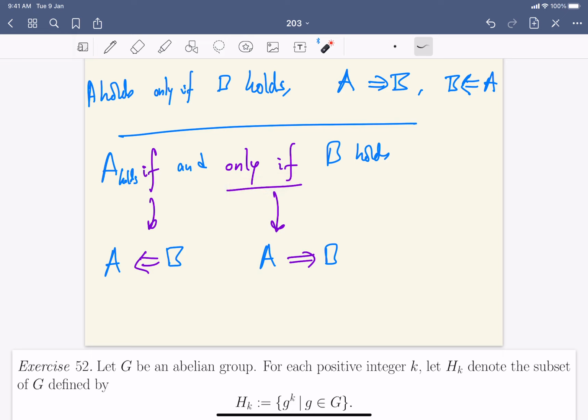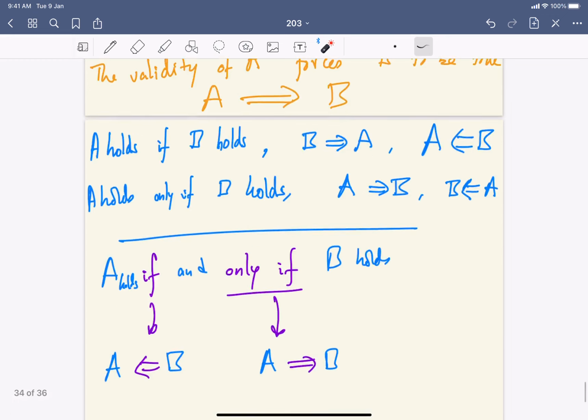If you want to use mathematical symbols to simplify keeping the meaning in mind, you can remember that if stands for this symbol, that means A is implied by B, and only if stands for this straight implication symbol, that means A implies B.